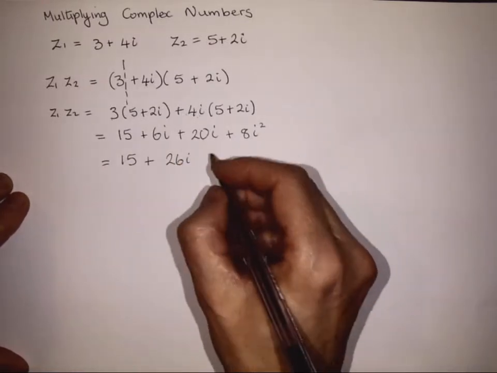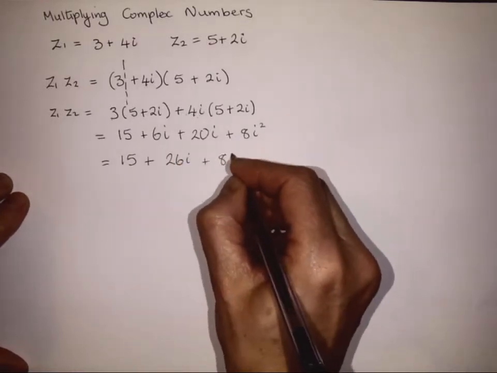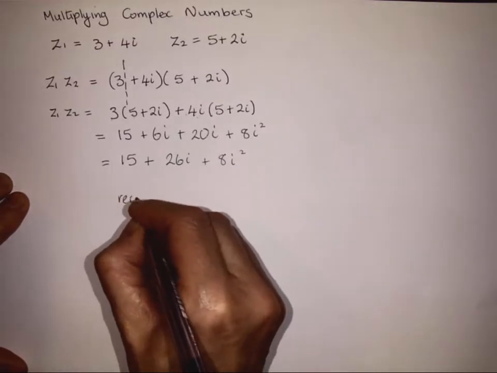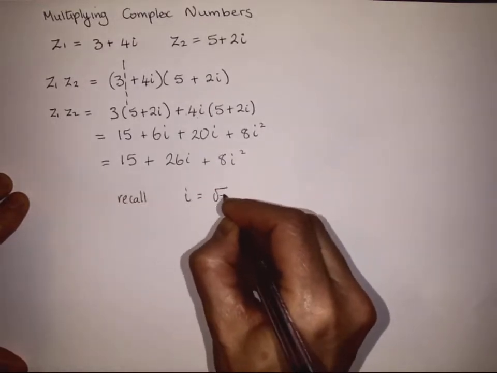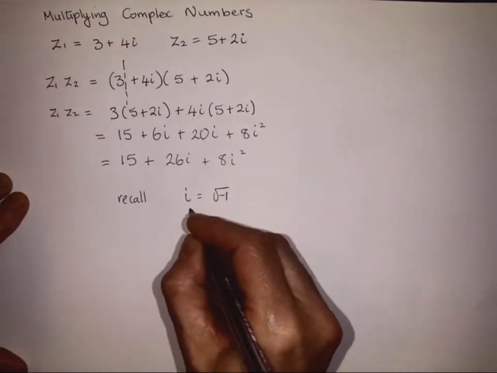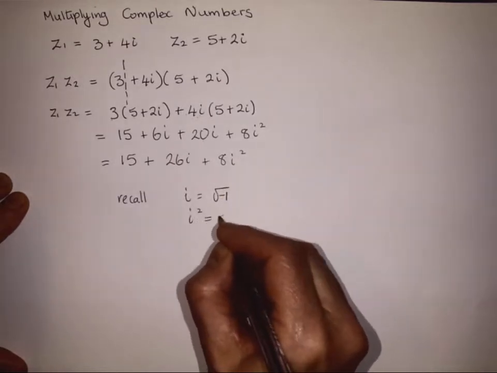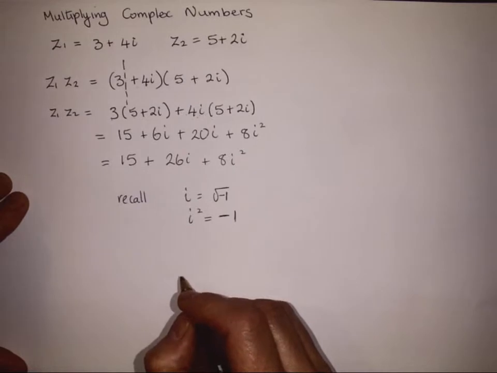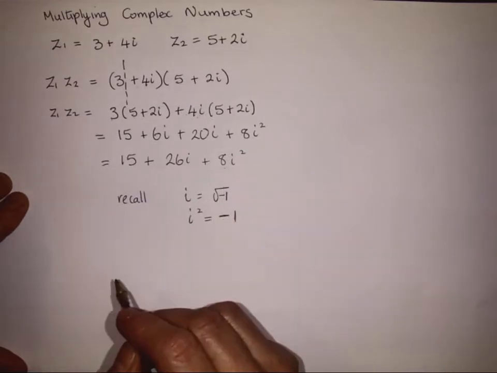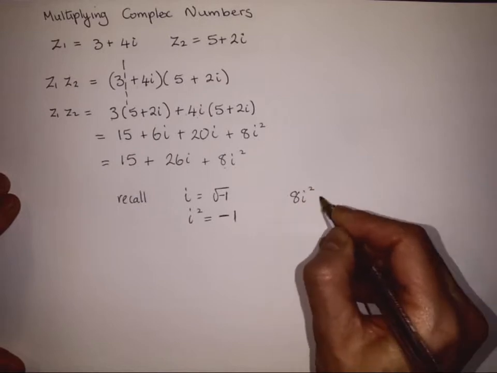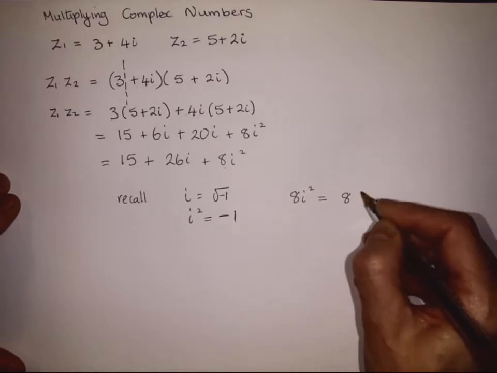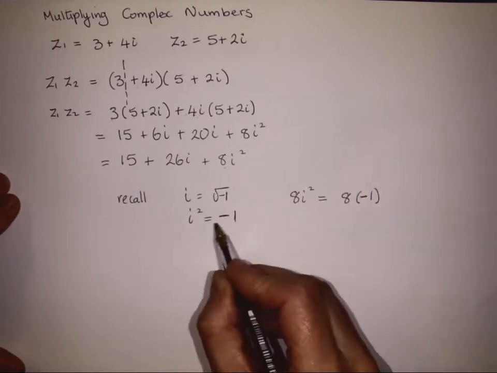The thing about i squared is, I'll leave it as 8i squared for now, but recall, i is equal to the square root of minus 1, and i squared therefore is equal to minus 1. So this here, the 8i squared is actually equal to 8 multiplied by minus 1.